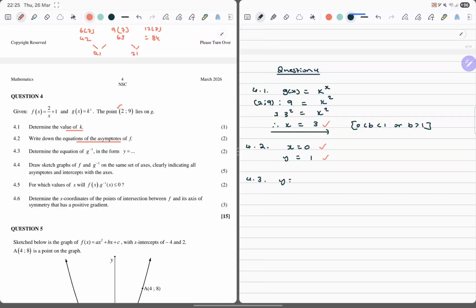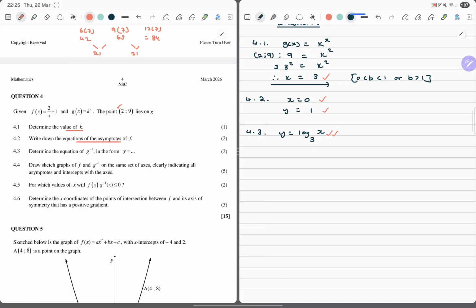Okay, we know that now that k is 3, y is going to be the log of x to the base 3. Nice and easy. So we get 2 marks for the answer. But if you want to go the long route, be my guest. At this point, we don't have time for explanations.